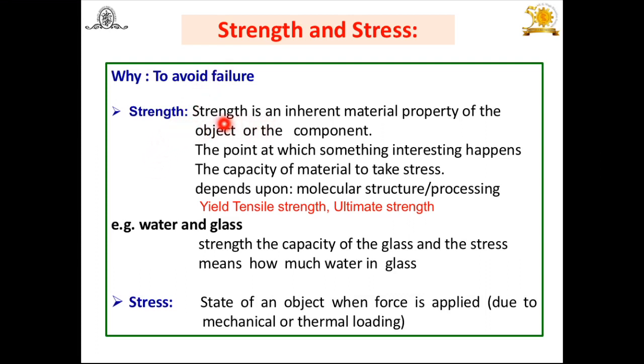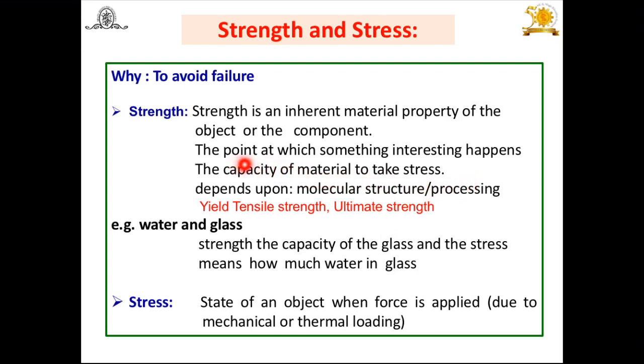Strength: we use this word many times, but for a material, strength is an inherent material property of the object or the component. You already studied in second year ultimate tensile strength, and yield strength in case of ductile material.